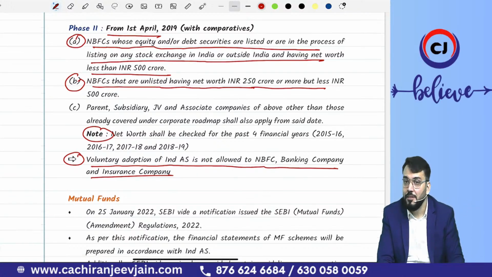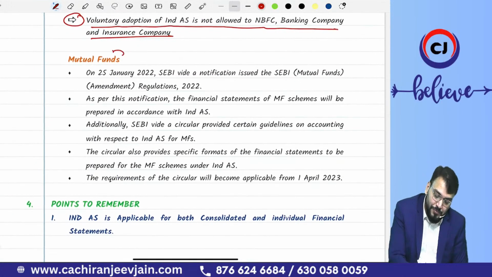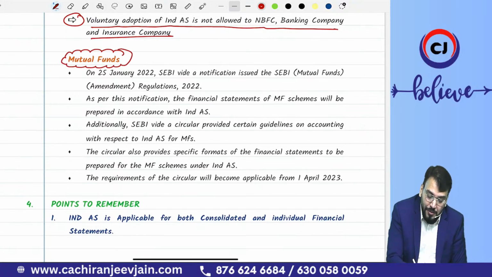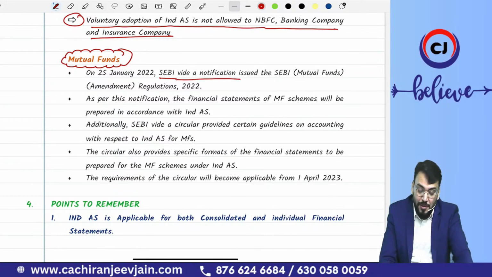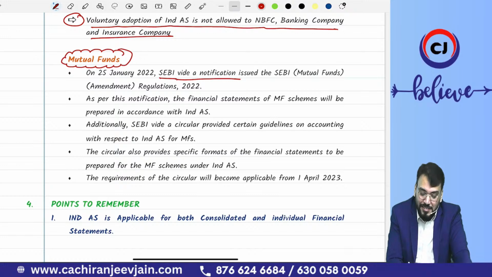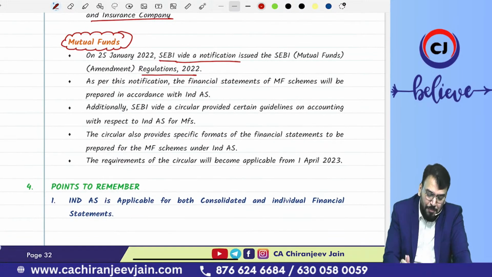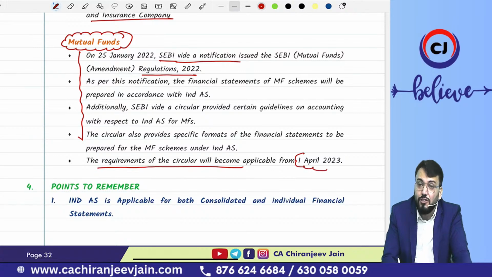Got this point? Now for mutual funds, a specific point was given by SEBI with some notification. For mutual funds, the notification was issued under SEBI Regulation 2022. They have said that the requirements of the circular will become applicable from 1st April 2023.